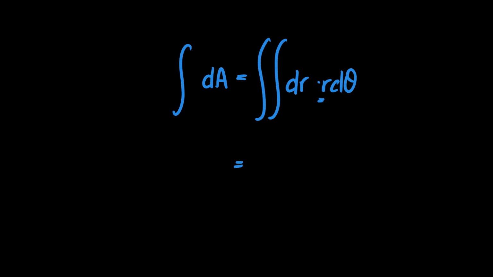But r goes with dr, so I'm going to reorder these. I can multiply in any order I want. So I'm going to reorder them and put r dr times d theta. Remember before when we did stuff like this, r's had to go with the stuff that had dr, and thetas have to go with stuff that has d theta.